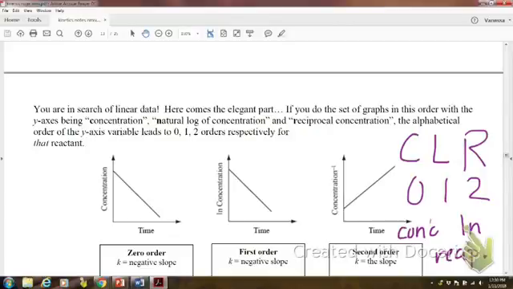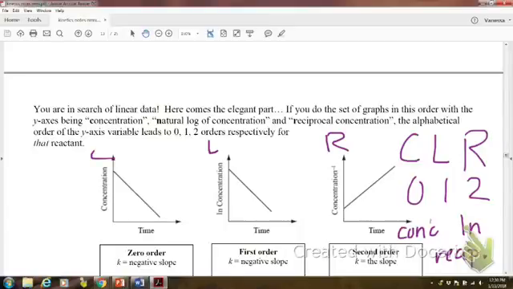But that's just a way to help you remember that, like an acronym, CLR. Concentration would be zero order if it's a straight line. The natural log is going to be first order, and if it is the reciprocal that gives you a straight line, it's going to be second order, okay? All right. Does that make sense now? CLR.